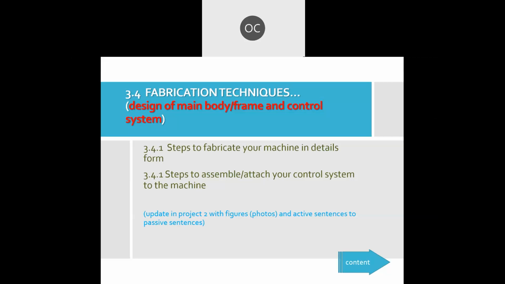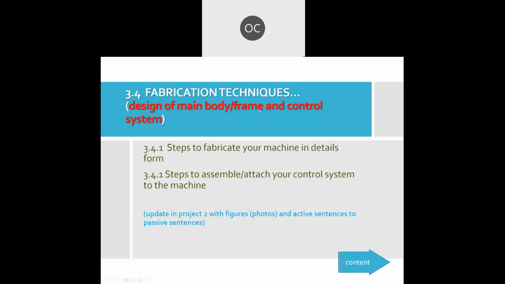If you are writing about the design of the main body, then 3.4.1 will be the steps in a very detailed and comprehensive form: how are you going to fabricate your machine in project 2? So this is some sort of planning stage.